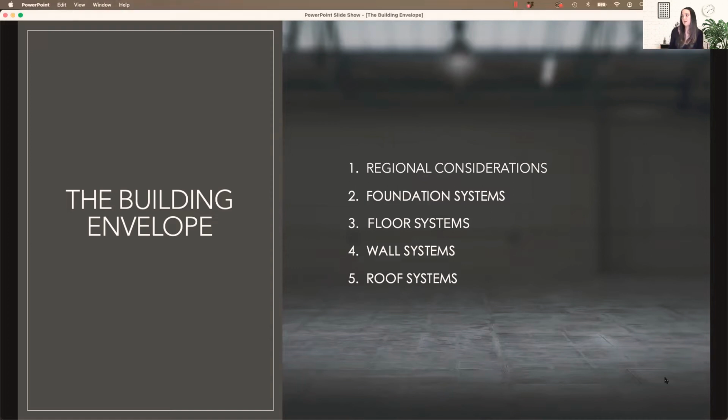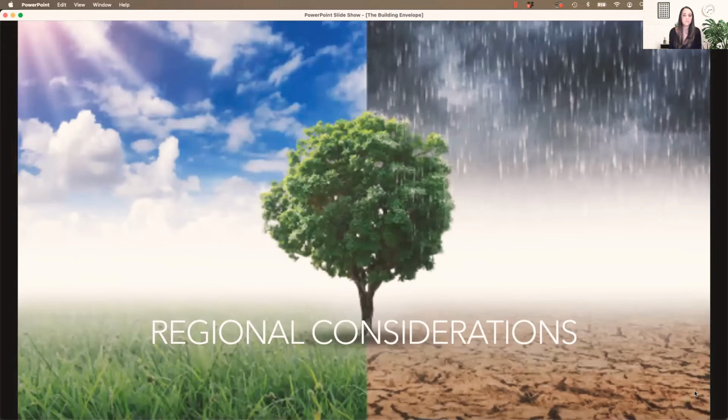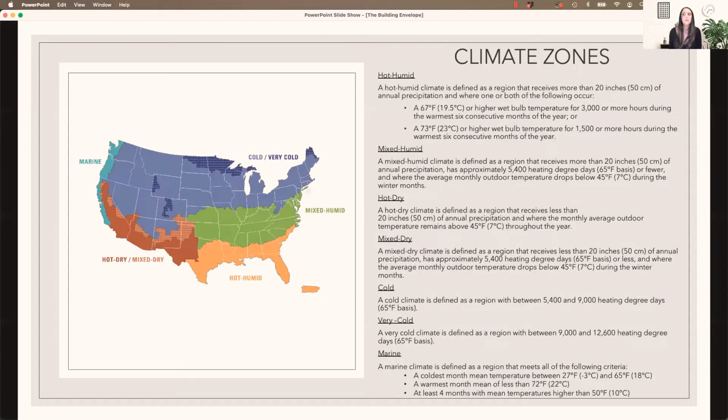So the first thing that we want to touch on today are the regional considerations. We're really looking here at the United States right now, and that has to do with what climate zone or temperature zone a project is located in.